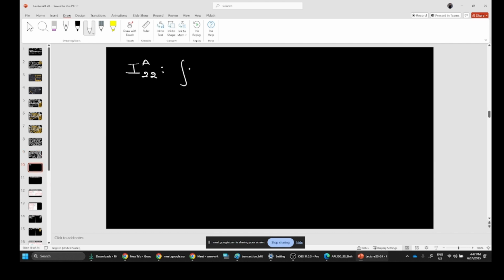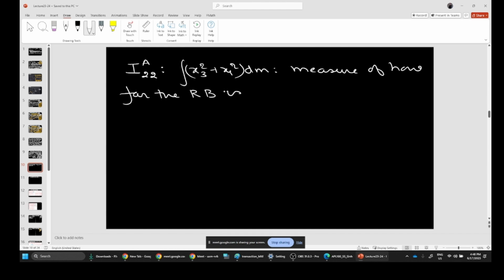So IA22 is indeed a measure of how far the RB mass is distributed from the x2 e2 axis.